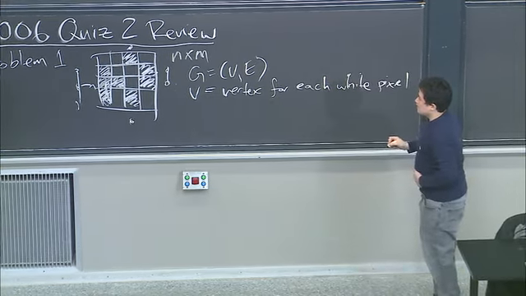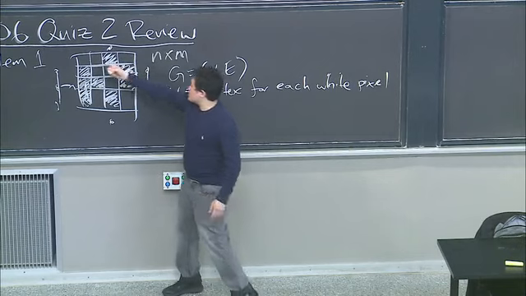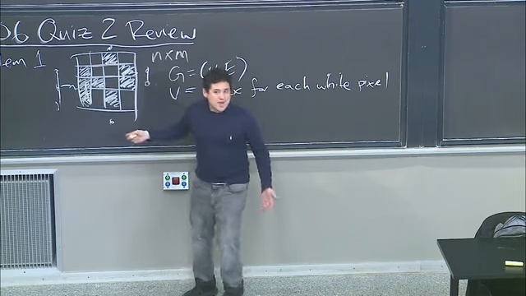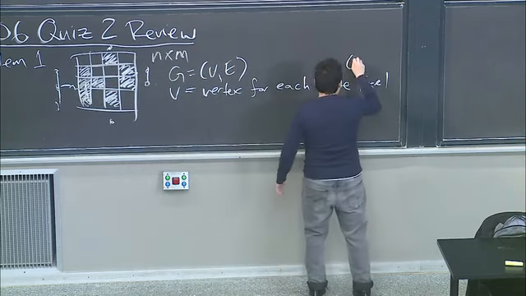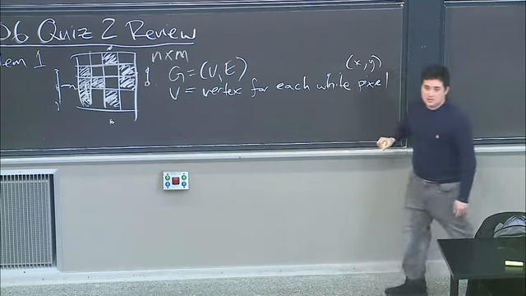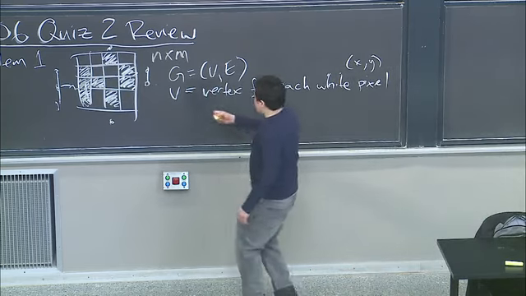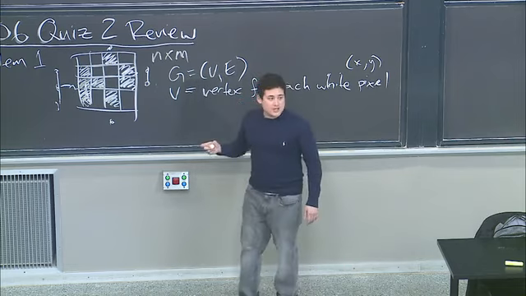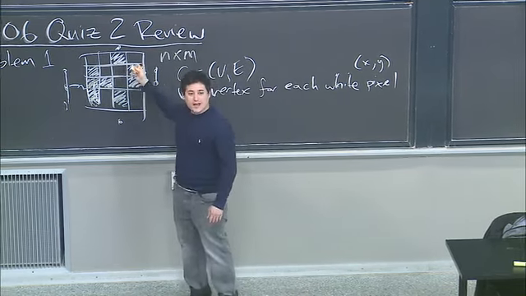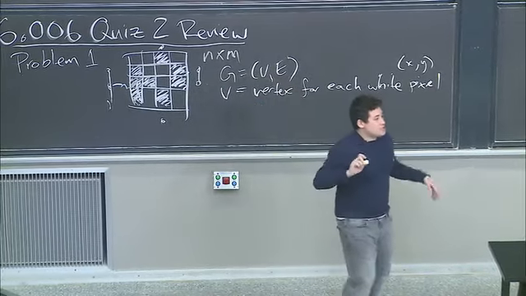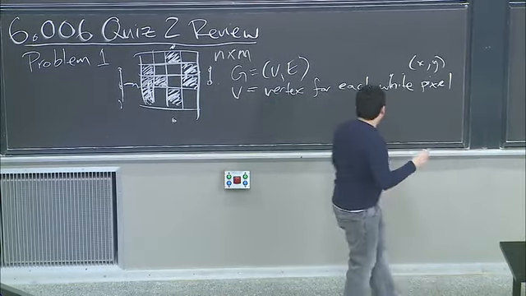Right? And I can just, from the beginning, walk through all the things, find all the white vertices. Maybe I identify them uniquely by their x, y coordinates in this grid. That's fine. Okay? So now I have all the vertices, and now I want to see what the edges are. I can loop through the pixels again and just look at its 4 possible adjacencies, see if any of them are white, stick that edge in this set.